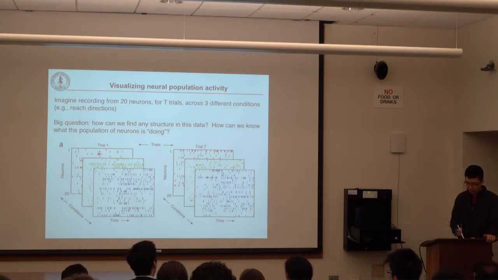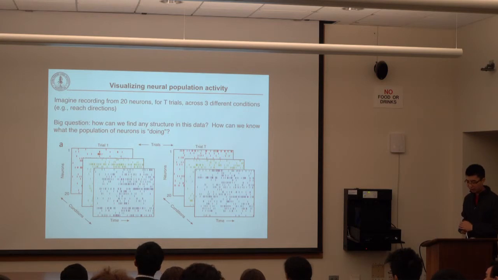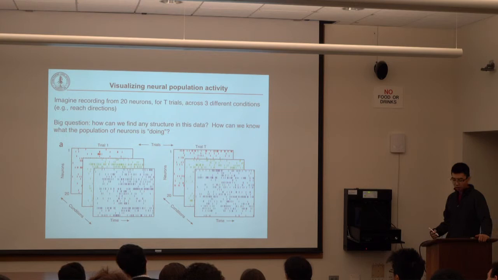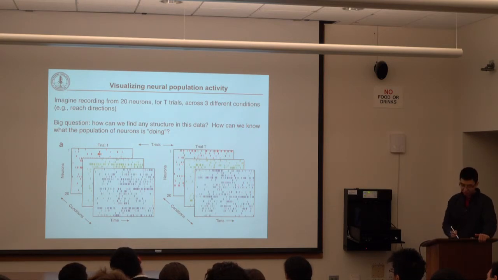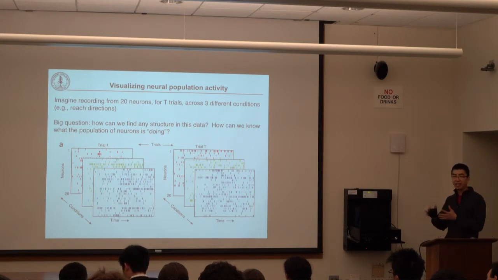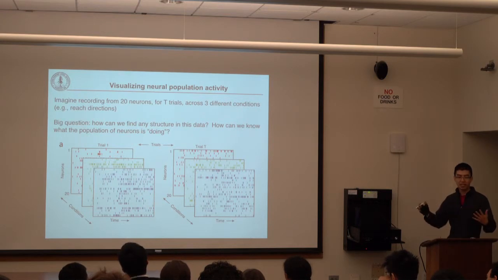You also have different conditions and different trials, and on different trials the activity looks different because of Poisson noise. So this problem is getting immensely complex. What we're going to talk about in this lecture is a way to take all these spike rasters and pare them down to something simple that you can visualize, to gain some scientific insight into what the population of neurons is doing.